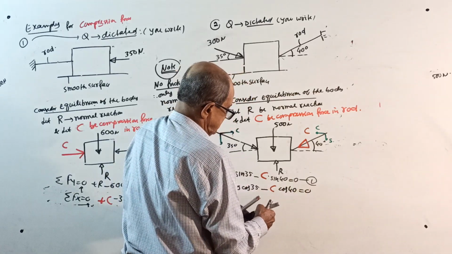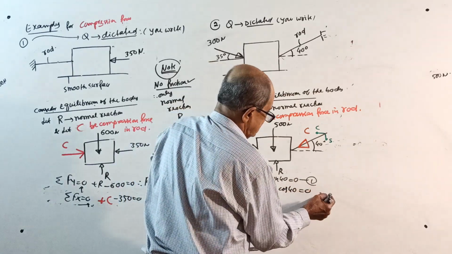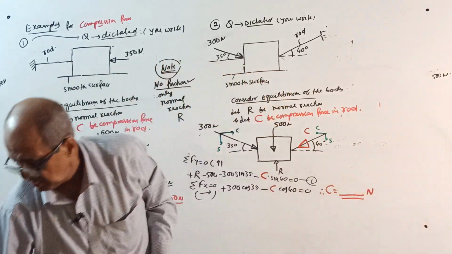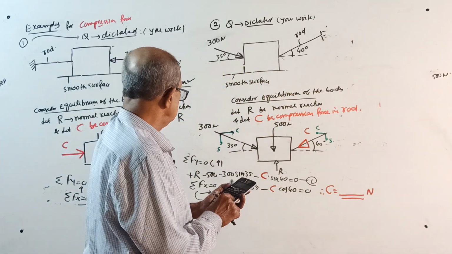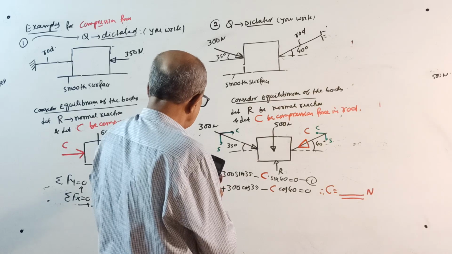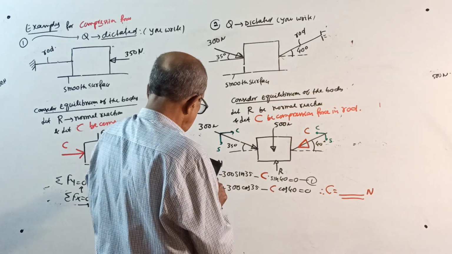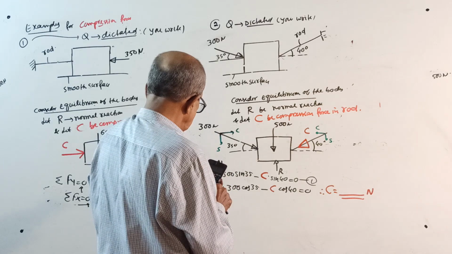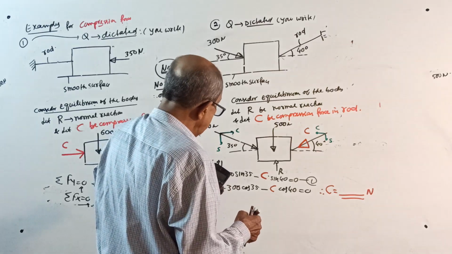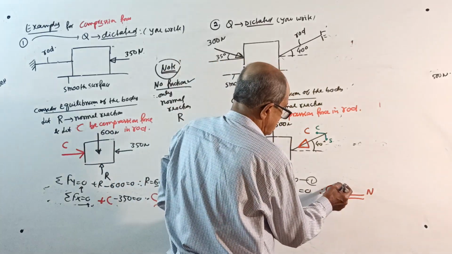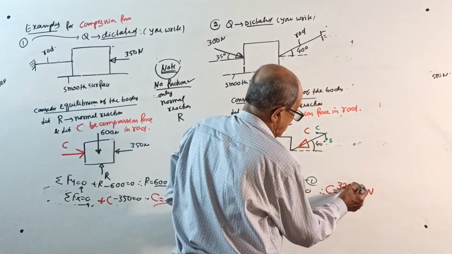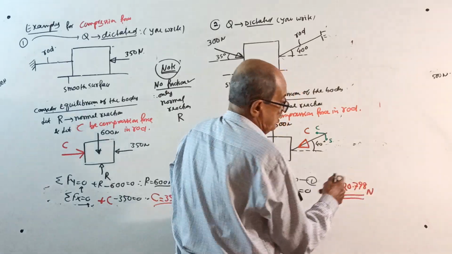Therefore, C equals 300 cos 35 divided by cos 40, which is 320.798 Newton. Okay, over.